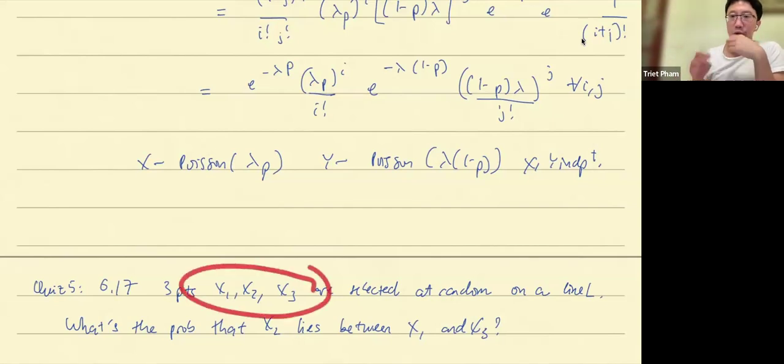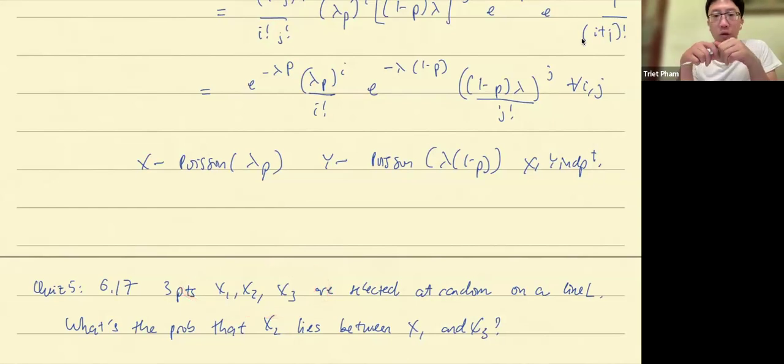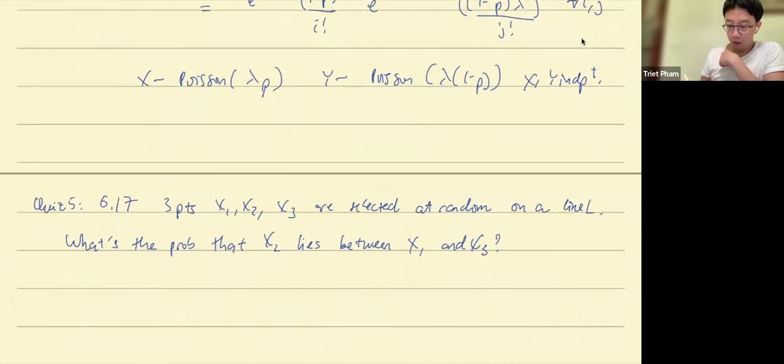We should establish the joint distribution, or the joint behavior, between x1, x2, and x3. It's kind of clear that individually they are uniform from 0 to L. But how are they related among each other?